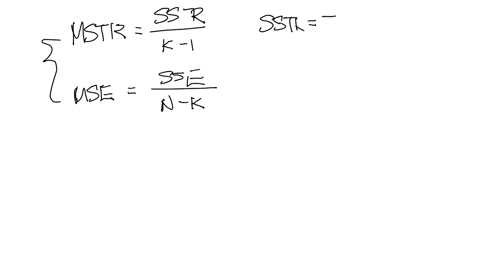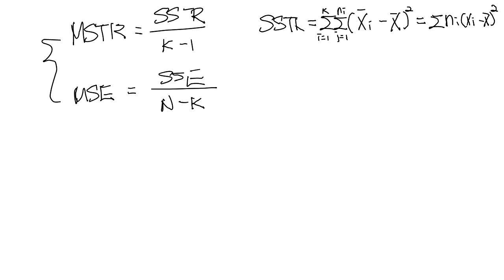SSTR is always a double summation. Again, it was the between, so between the sample mean variance. Another way is a single summation, the sum of ni times (xi bar minus x bar) squared, because the inside one is for j from 1 to ni and the outside one is for i from 1 to k.